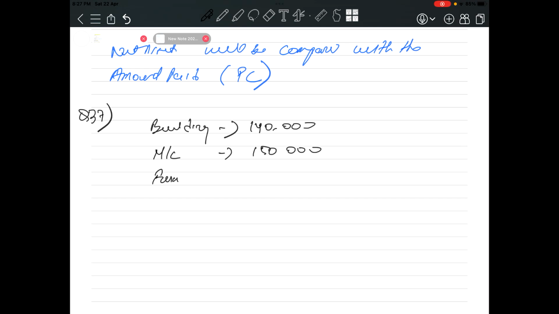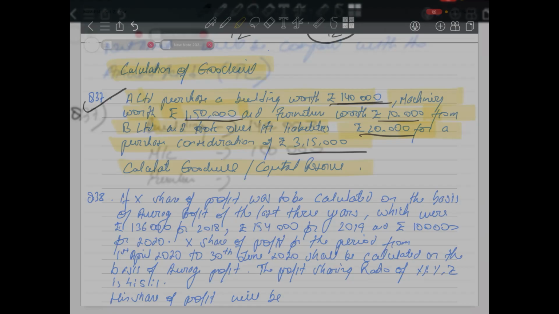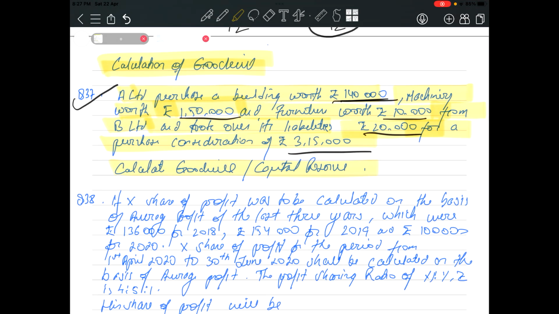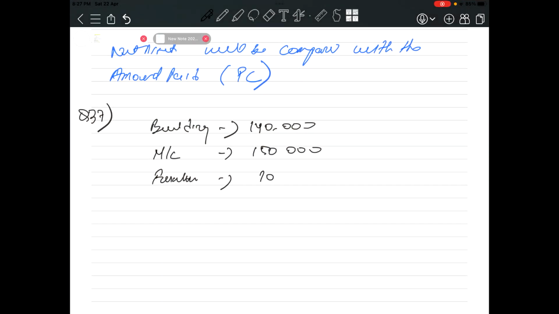Furniture worth rupees 10,000, and liability 20,000. So what is the value of total assets purchased? Here it is 3 lakhs.